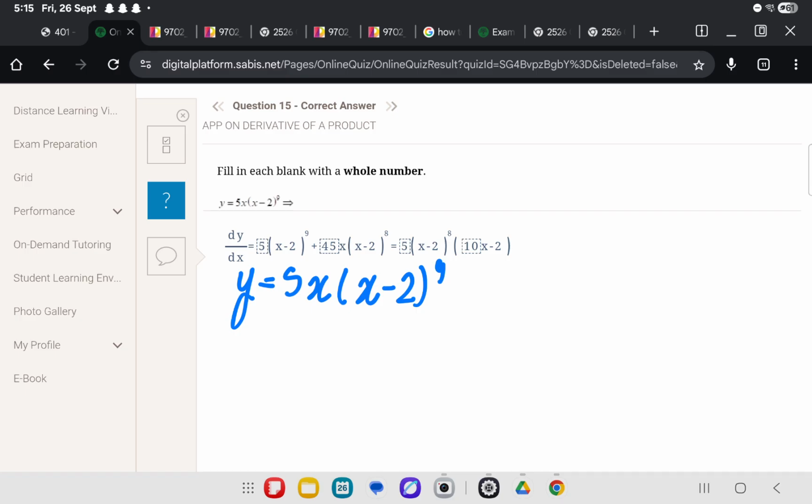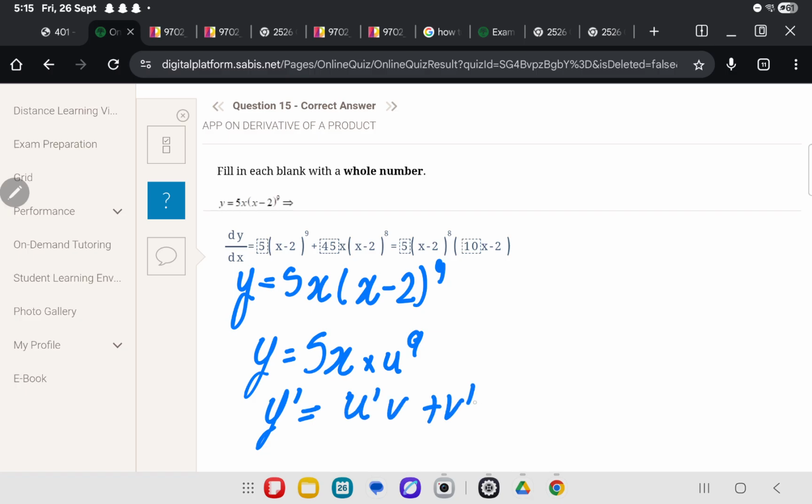Okay, so actually, now that I think about it, you do need the chain rule. So this is going to be 5x times u to the power of 9. Okay, now y prime, since this is a product rule, it's going to be u prime v plus v prime u.